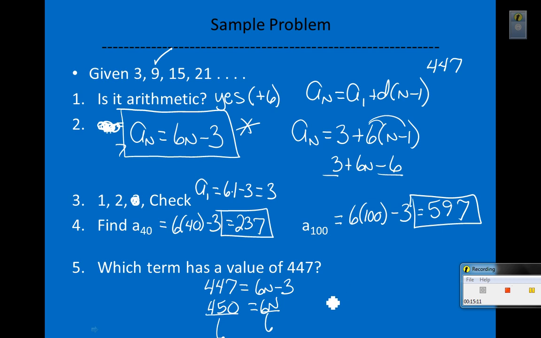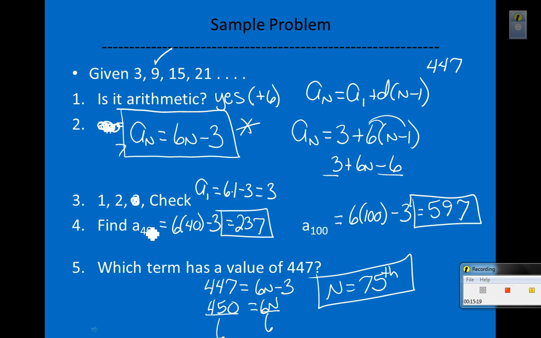And I'm going to get n to be 75. So that means the 75th term has a value of 447. That's what that means. So if you're looking for a value, plug in that number. If you're looking for which term has a value, set it equal to it.